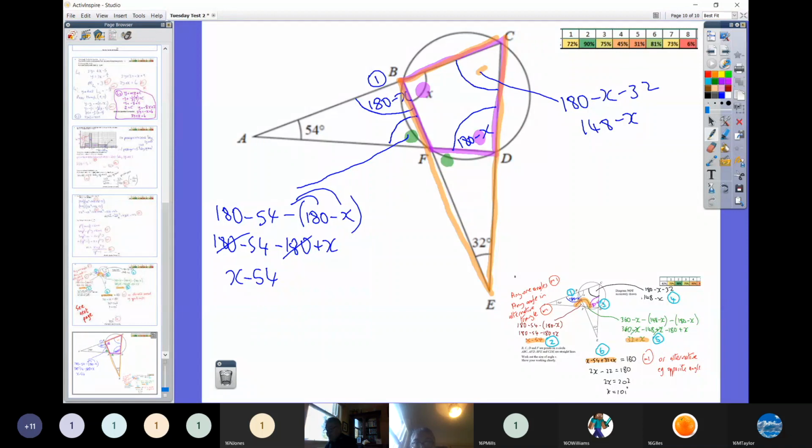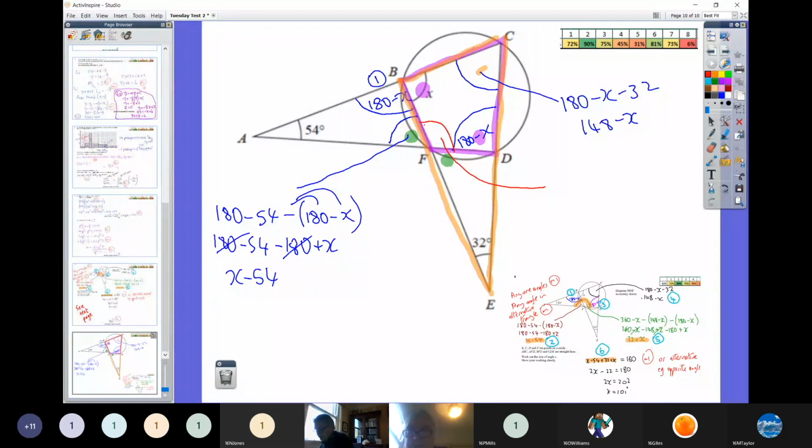There are various ways to do this, but I think the easiest is to say that angles in a quadrilateral add up to 360. Because I know the angle at B, the angle at C and the angle at D, I can work out the angle that I've just pointed out. Those four angles in that purple shape all add up to 360.